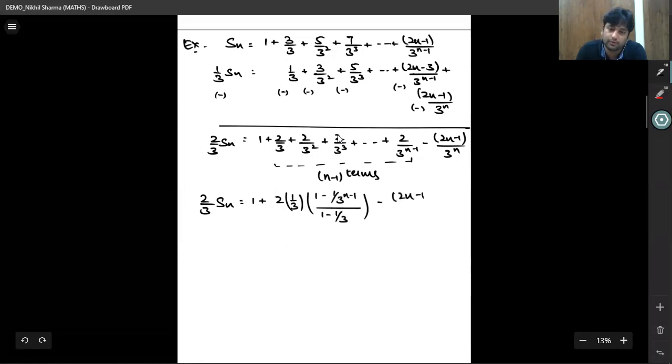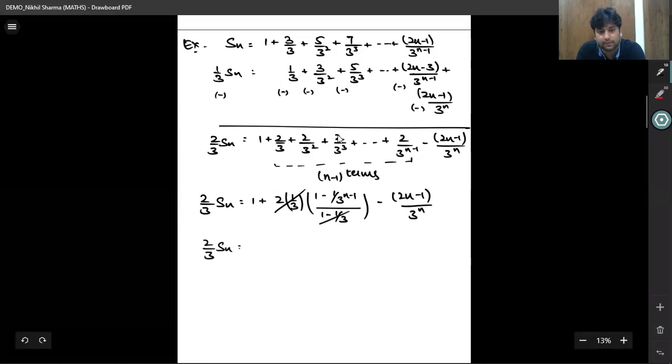Minus of 2n minus 1 whole divided by 3 raised to n. This is the result which we will take. Here it's 2 by 3, here it is also 2 by 3. Both of them would get cancelled, and you will be left with your result, which is 2 by 3 times Sn.